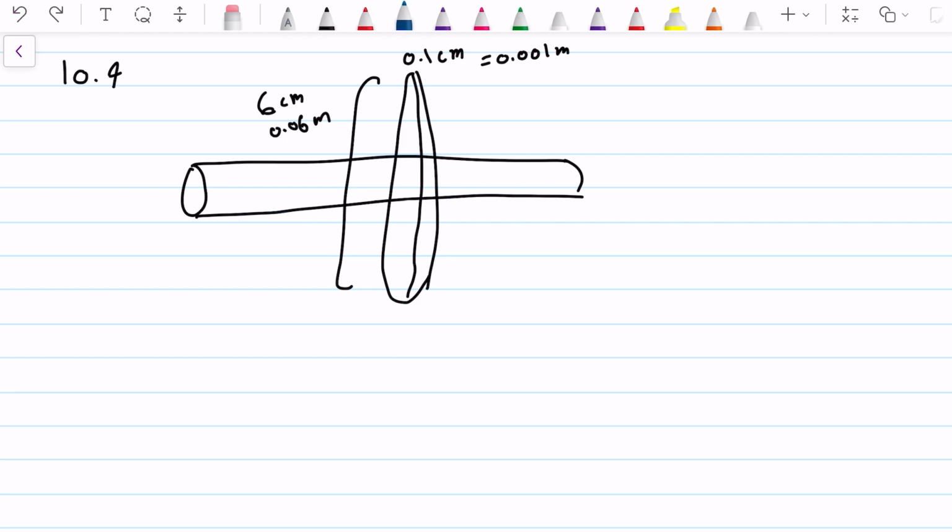So all of this temperature is 100 degrees Celsius, and the environmental temperature is 25 degrees Celsius. There's a heat transfer coefficient of h equal to 65. Calculate the heat loss from a fin.